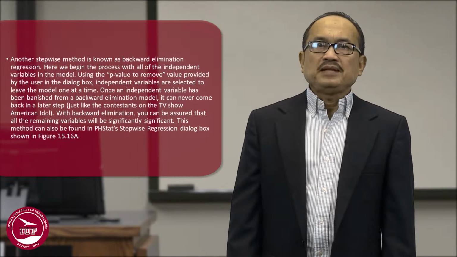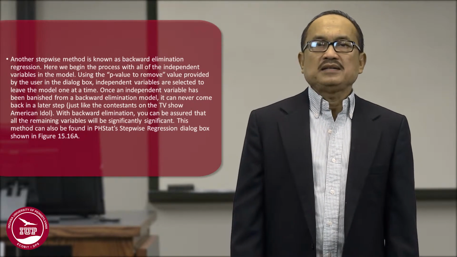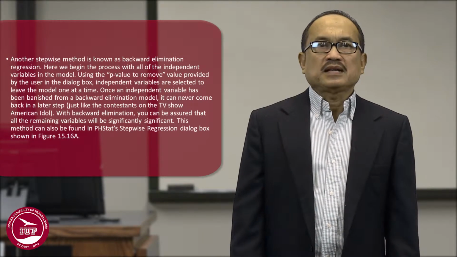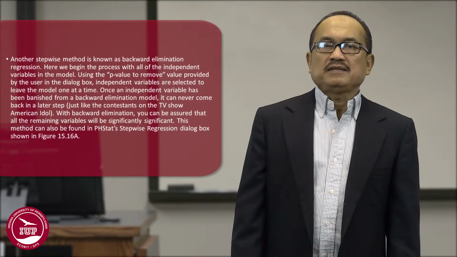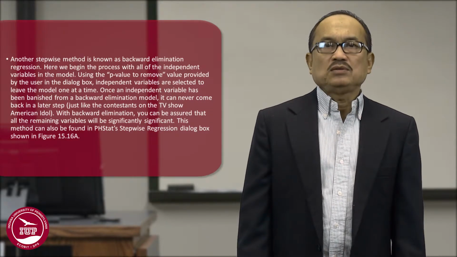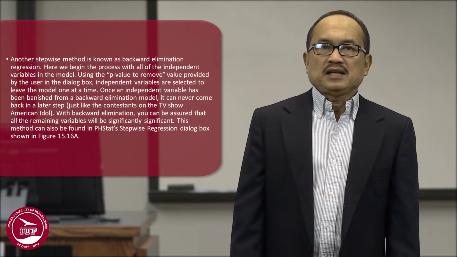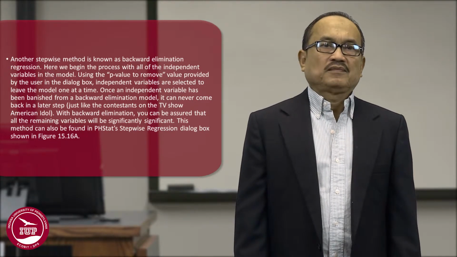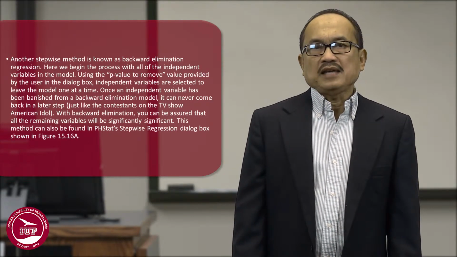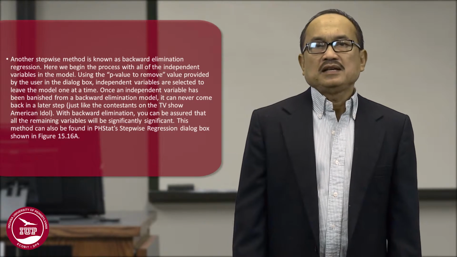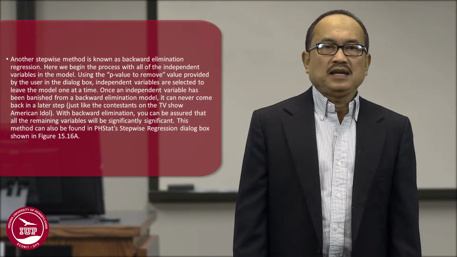Once an independent variable has been banished from a backward elimination model, it can never come back in a later step, so with backward elimination, you can be assured that all the remaining variables will be statistically significant. This method can also be found in PA-STAT's stepwise regression dialog box shown in figure 15.16a.